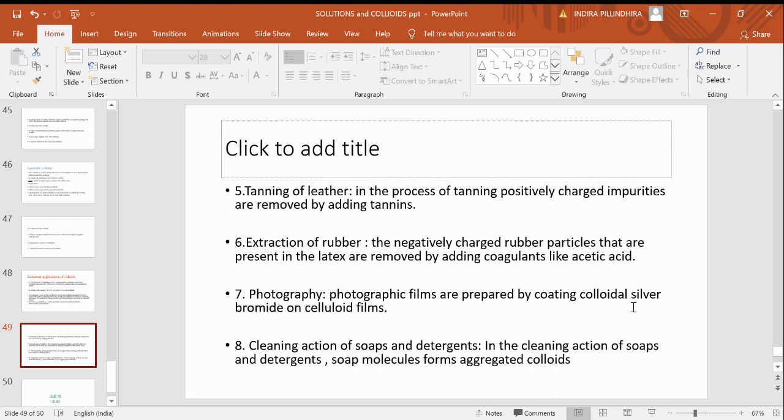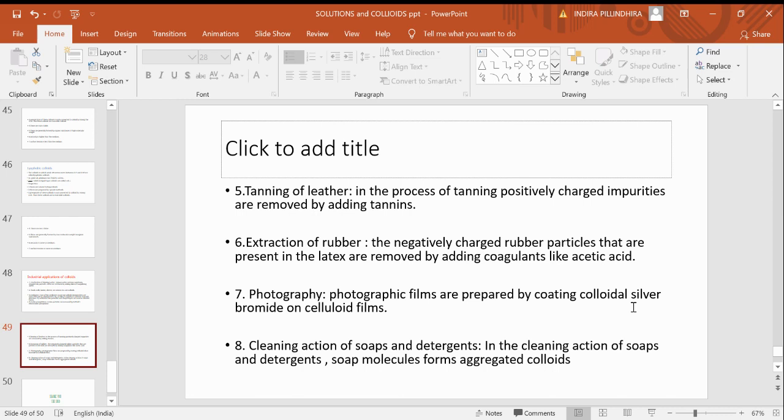Okay. Now, seventh application, photography. Photographic films are prepared by coating the colloidal silver bromide on celluloid films. Okay. So next, last one, eighth one, the cleaning action of the soaps and the detergents. In the cleaning action of soaps and detergents, soap molecules form aggregated colloids.